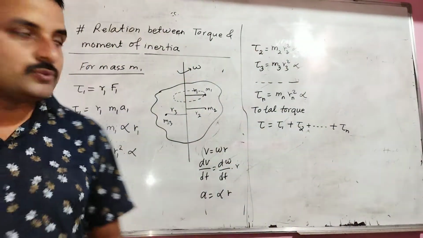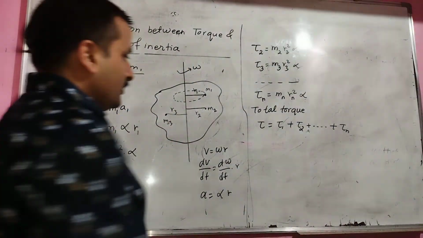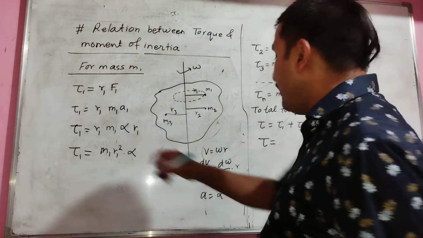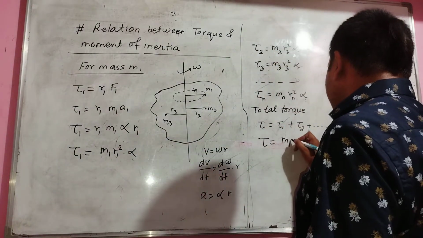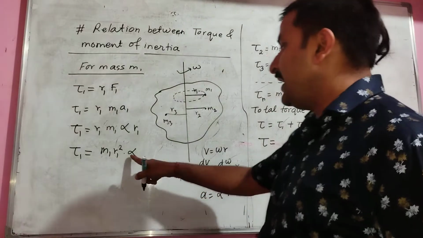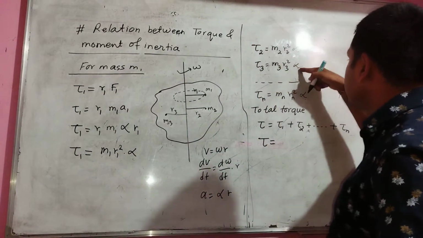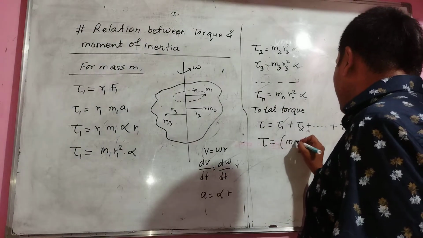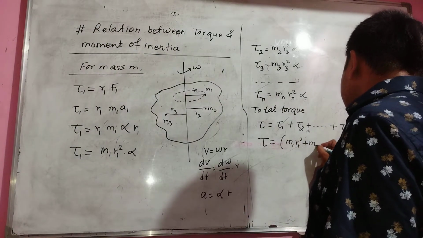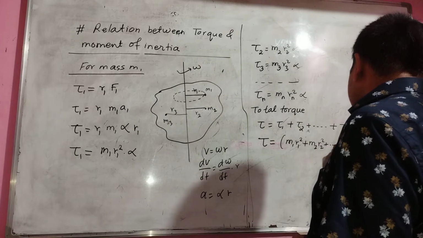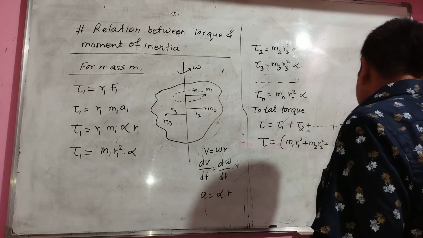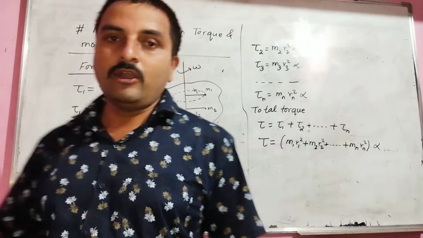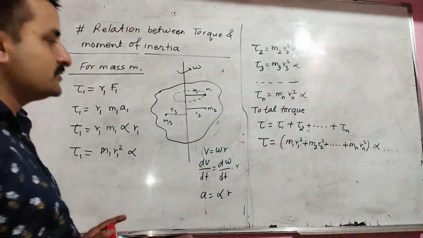I can add these. Then tau is equal to m1 r1 square and so on. You can clearly see that in every term there is alpha, which is common. So I write m1 r1 square plus m2 r2 square plus and so on plus mn rn square, times alpha, because alpha is common in all the terms.